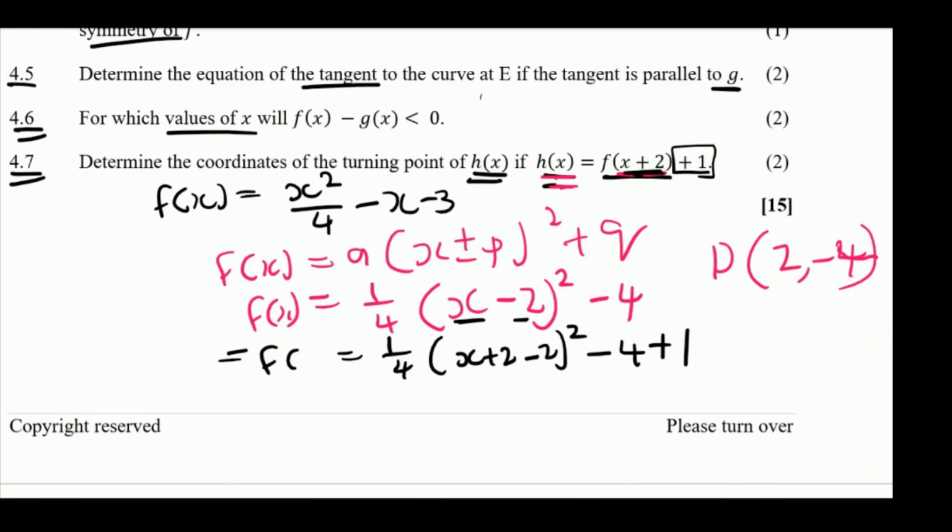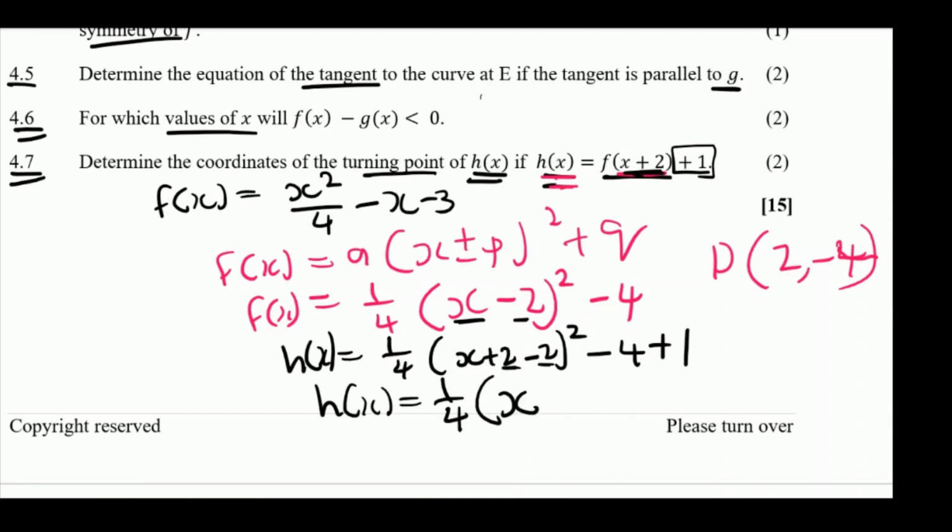So let me remove this here since I substituted the values. So it's going to be your h of x, the equation of the h of x. And remember, we want to find the coordinates of the turning point. So h of x is equal to 1 over 4 into, so the 2 and the minus 2 will cancel out, so it's going to be x squared, and minus 4 plus 1 is going to be minus 3.